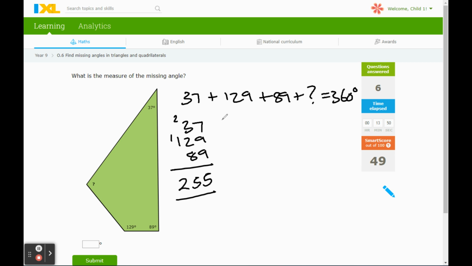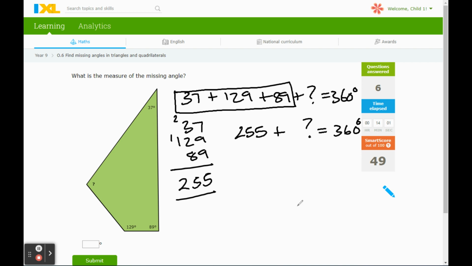That comes to 255. So these three angles add up to 255, plus some angle equals 360 degrees. So we've got to take 360, remember, minus 255. The answer would be 105 degrees.